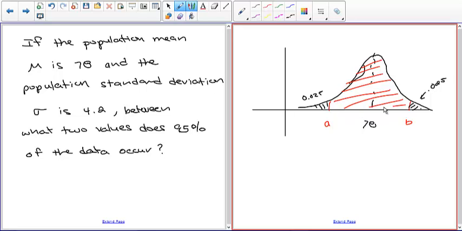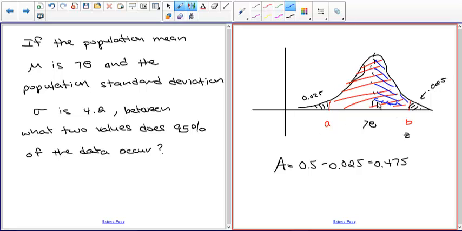So to find the corresponding z-score over here, we're going to use the area from the mean out to here. The area that we're looking at is 0.5 minus 0.025, which is 0.475. That's the area I'm talking about, this area.